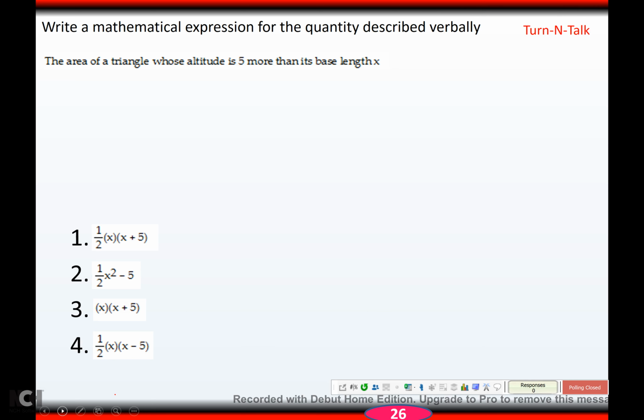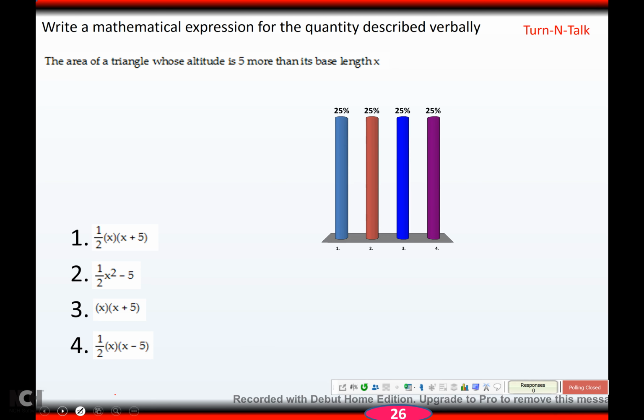Alright, so I'm going to hit pause, or you hit pause, work the problem, and we're back. And hopefully you got number 1. And again, it says the area of a triangle, so I'm going to draw my triangle, whose altitude, and remember area of a triangle is area equals 1/2 base times height.